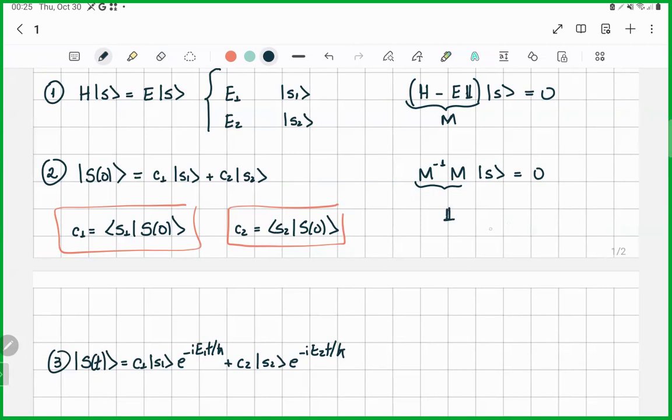So this means that if this matrix M has an inverse, I killed my problem. The solution is equal to 0. So to be able to find the eigenvalues and the eigenfunctions, this matrix M cannot have an inverse, okay?